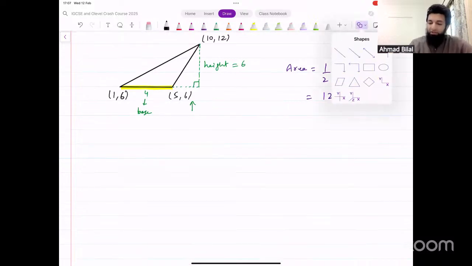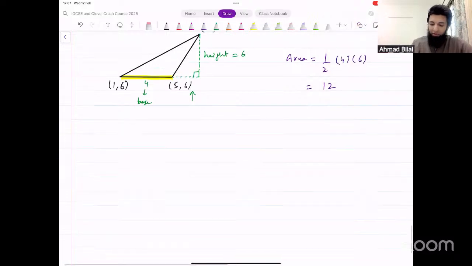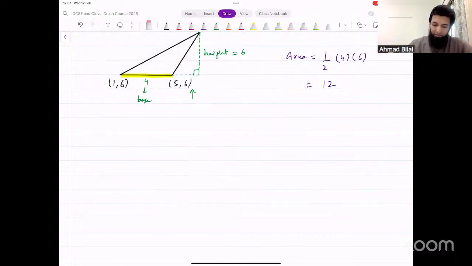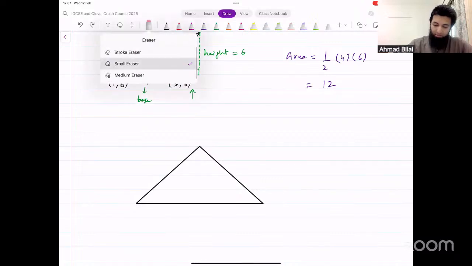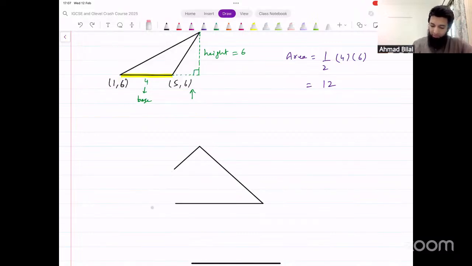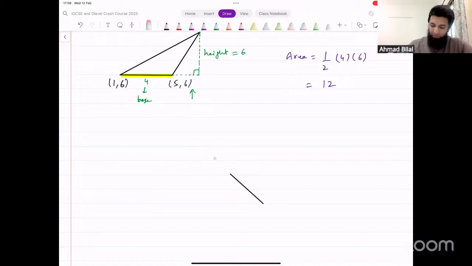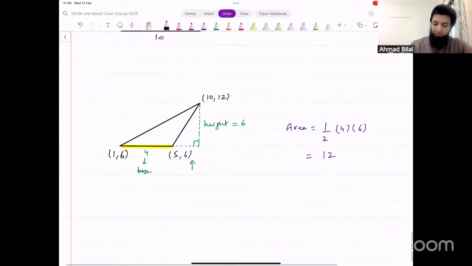For instance, if I were to draw another triangle that might look something like this, let's say, let's draw something else. Let's say I have something like this.